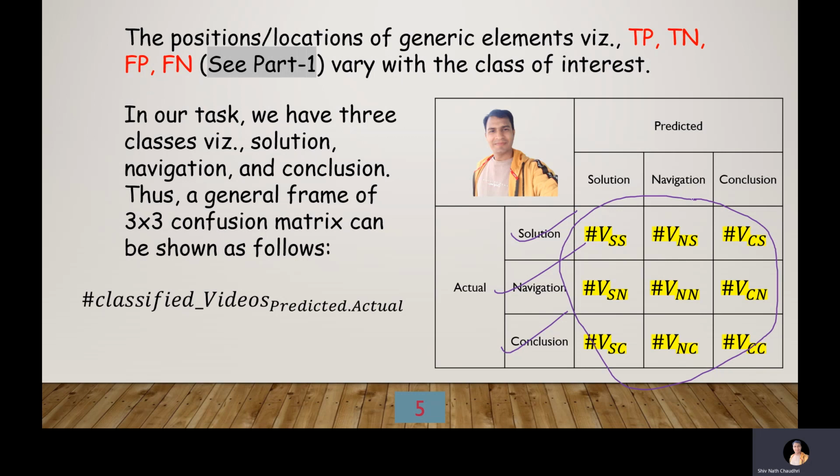These elements are named by using 4 literals. H and B represent the number of classified videos, while the first and second suffix represent the predicted and actual classes respectively.